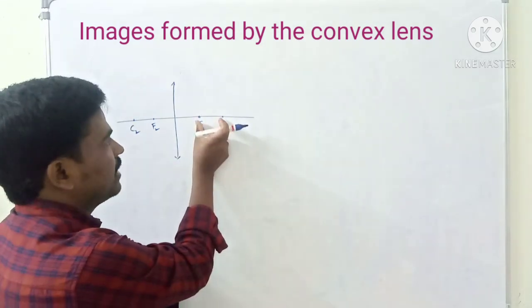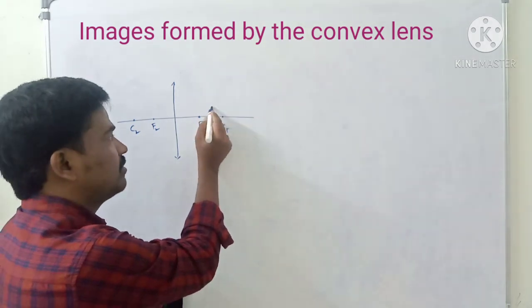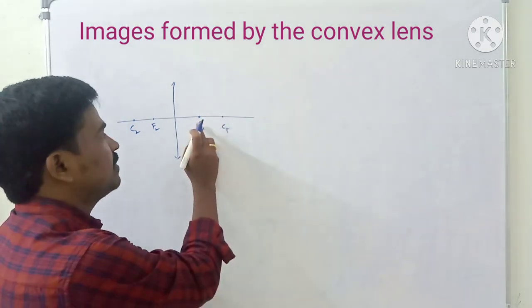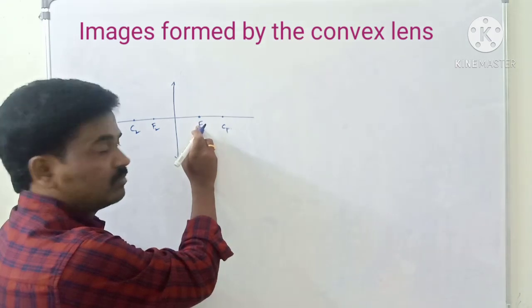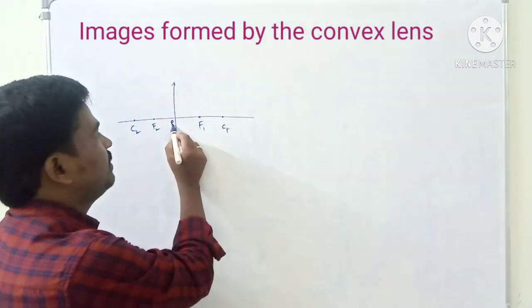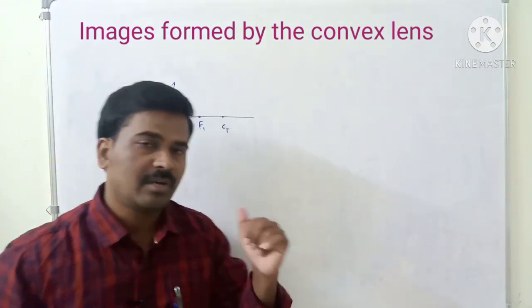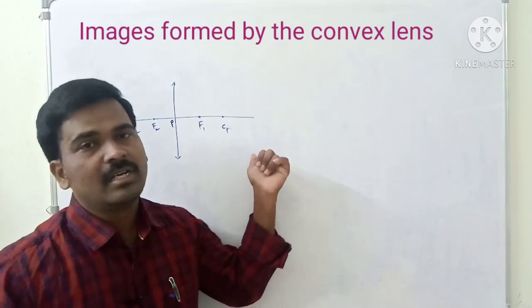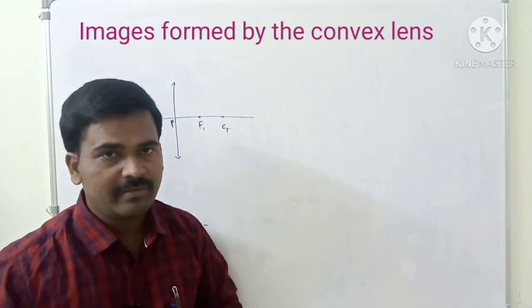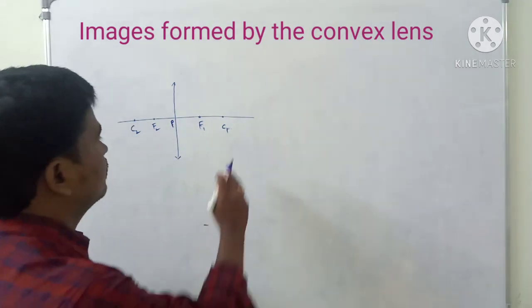Third place, between the F1 and C1, we can put the object here also. Next place, at the F, focus, and the last place is between the P and F. We have 6 places to put the object, and we have to find the images formed by the lenses. So one by one I will explain.